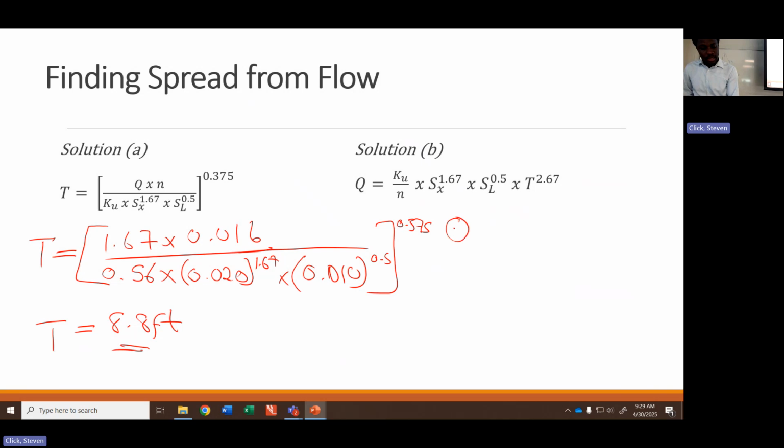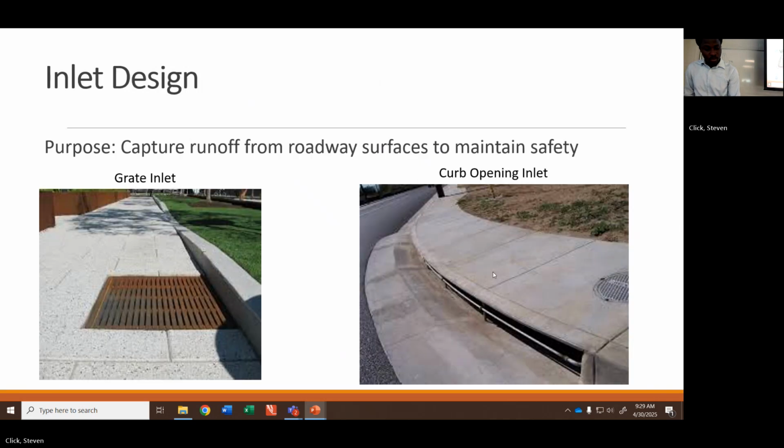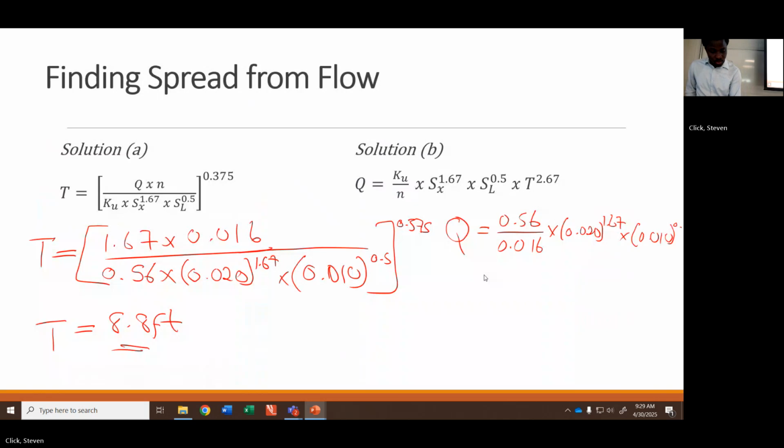So for the second part, 0.56. T was 7.5, raised to the power 2.67.